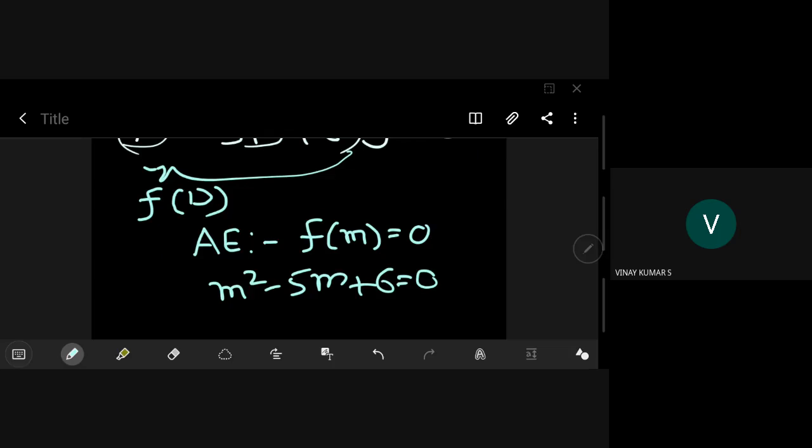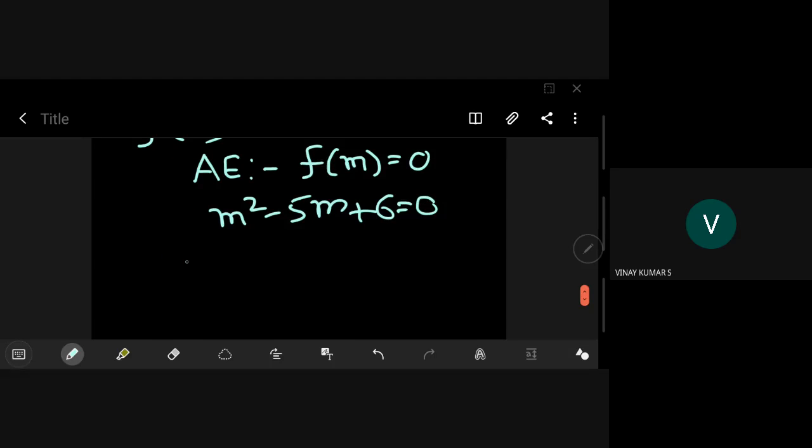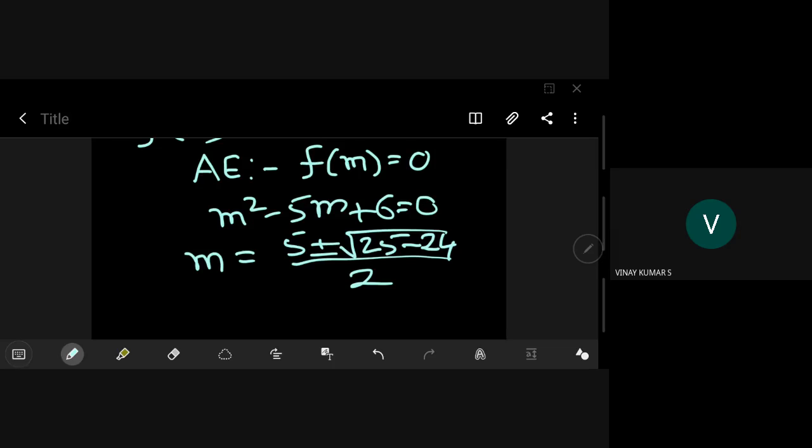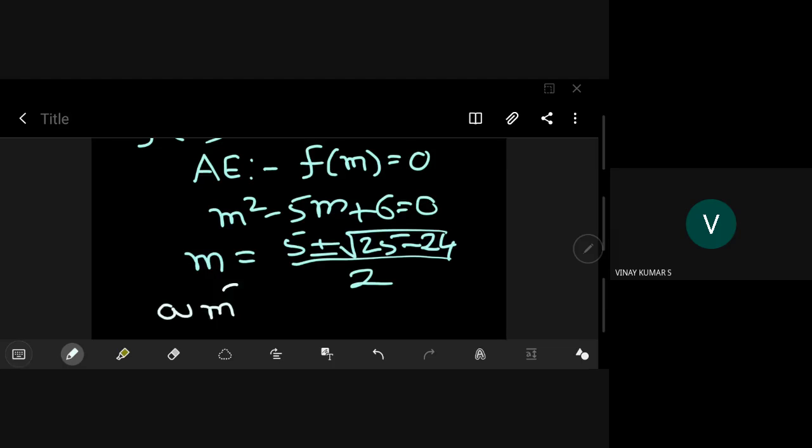If you solve this quadratic equation, you can use minus b plus or minus square root of b square minus 4ac by 2a. Here b square is 5 whole square, that is 25, and 4ac is 4 into 6, 24, and 2a is 2. Usually when we talk about quadratic equations, we write a m square plus b m plus c is equal to 0.